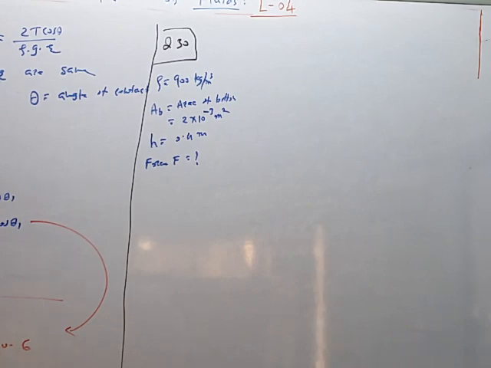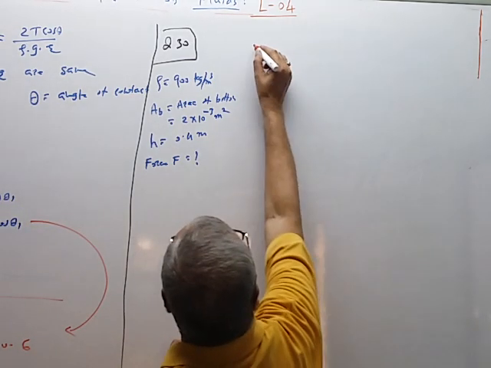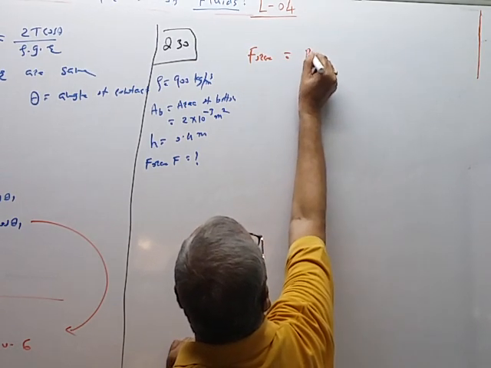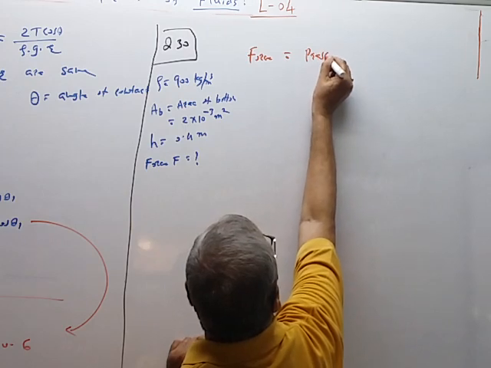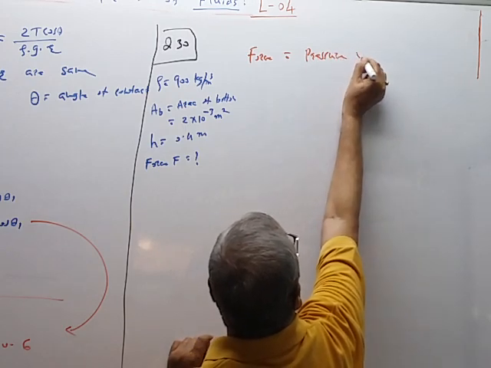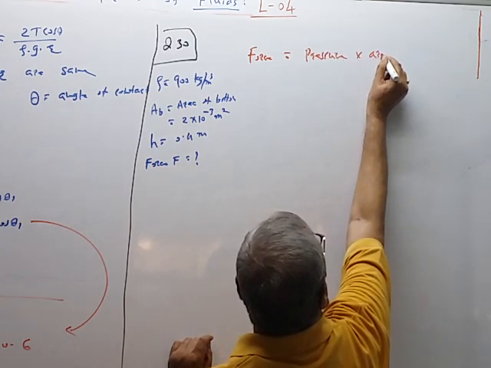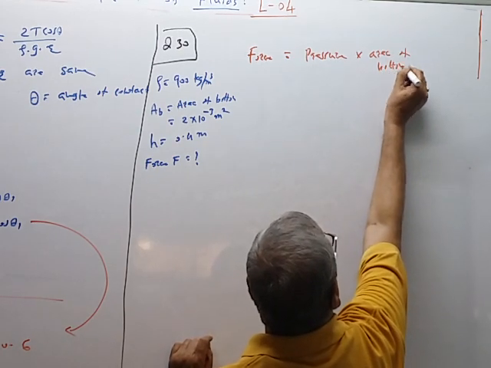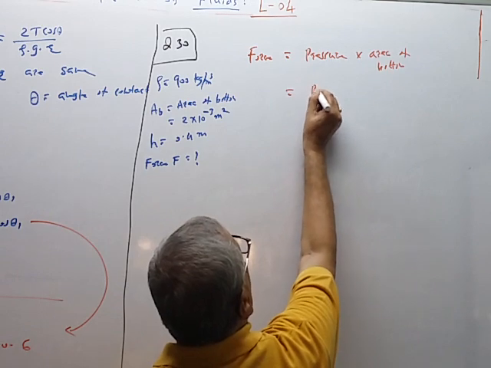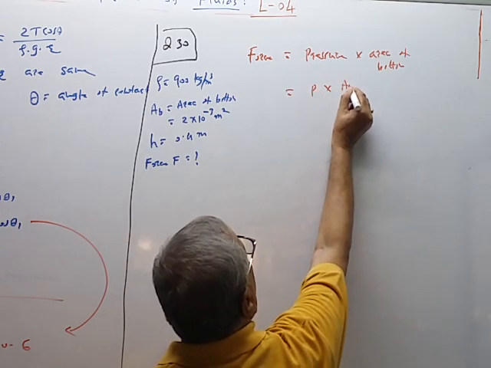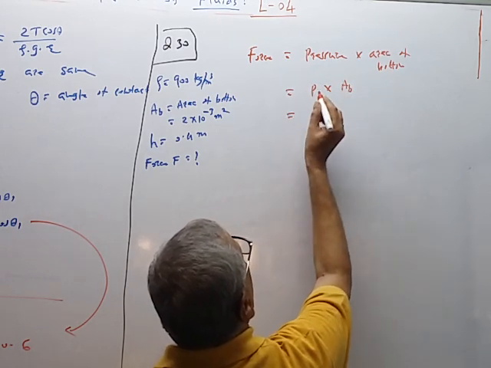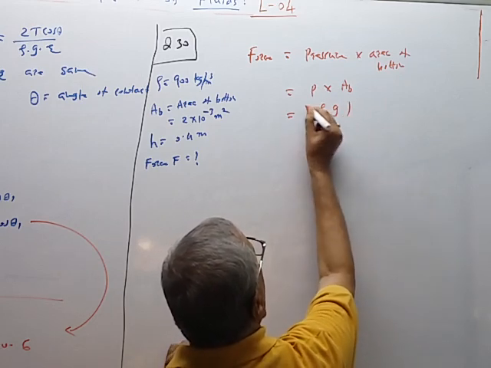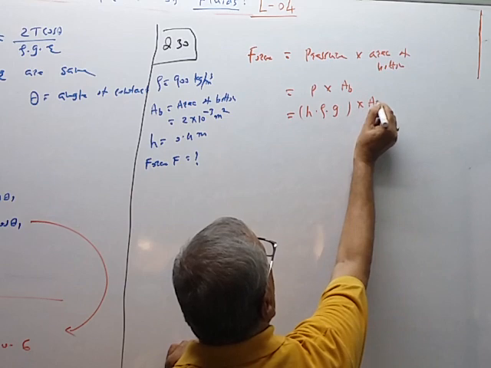So the basic formula is this. Force is equal to pressure multiplied by area of the bottom. Therefore, P multiplied by area of the bottom AB. So pressure is equal to h rho g multiplied by area of the bottom.